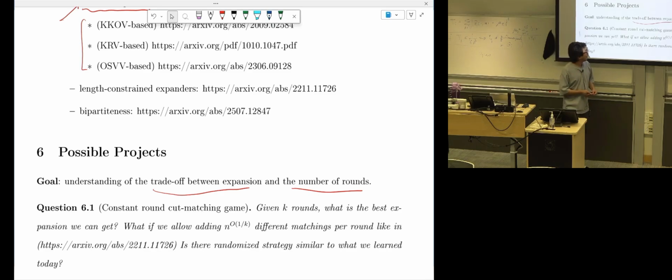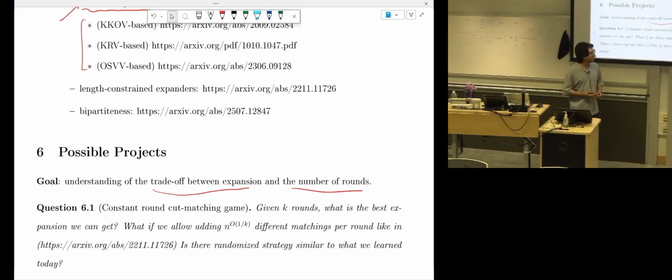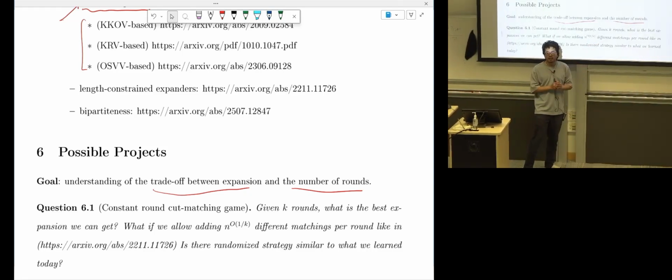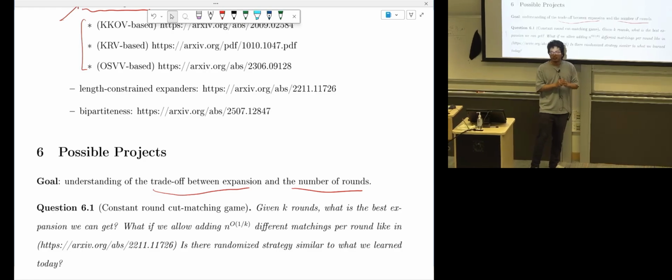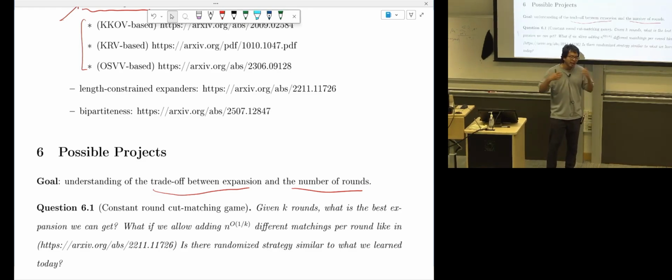Or what if we allowed adding many matchings, not just one matching, in each round? That is another approach. Maybe you can prove that with k rounds you cannot get a good expander because it's just a constant.